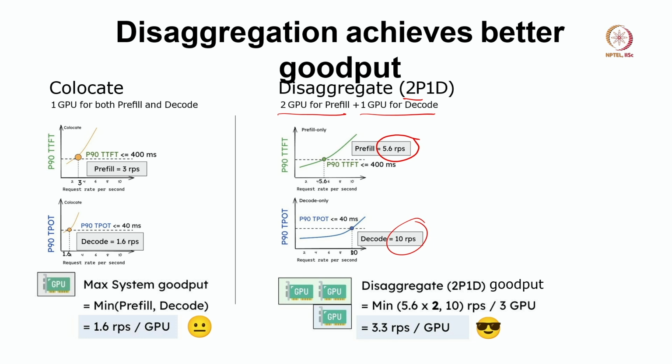Because we have disaggregated the prefill computation and decode computation into two different servers, you can increase the prefill throughput. Remember, this prefill throughput is per GPU. So if we have 2 GPUs for prefill, then the disaggregated goodput is the minimum of 5.6 multiplied by 2, and 10. This 10 is for decode. Again, this will bottleneck the goodput.